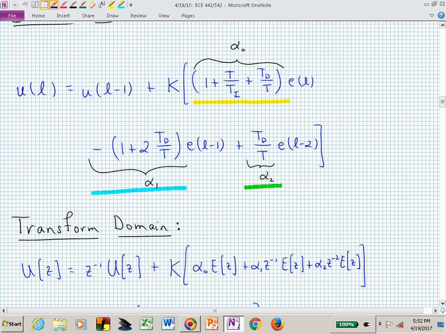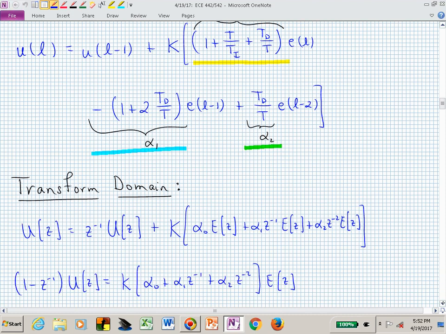Alpha 1 is scaling the 1 sample period delayed version of our error, and now you can see what else I can do. The error is common to all three of those terms. I can pull it out on the right, and I can move my U terms to the left so that I now have 1 minus Z to the minus 1. That's operation scaling capital U of Z.